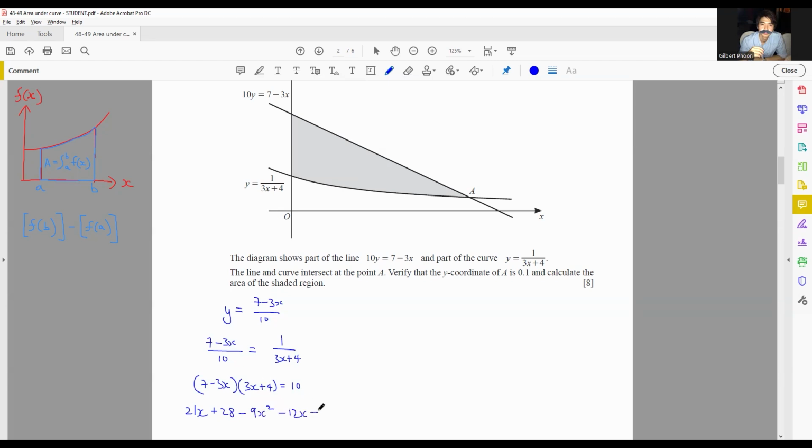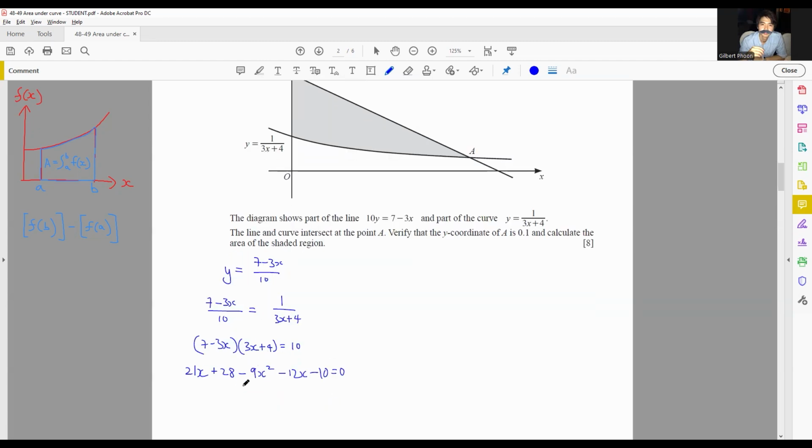Bring the 10 over. Minus 10 equals 0. Then from here, you just have a quadratic equation. Simplify this, you're supposed to get negative 9x squared plus 9x plus 28 minus 10, which is 18.